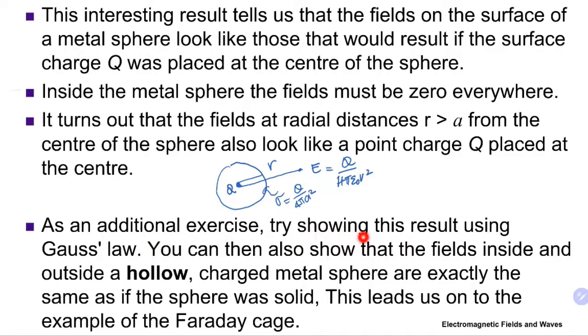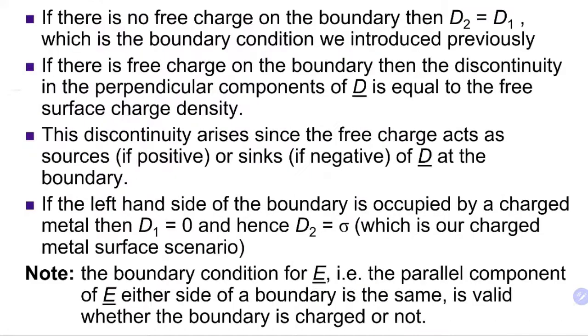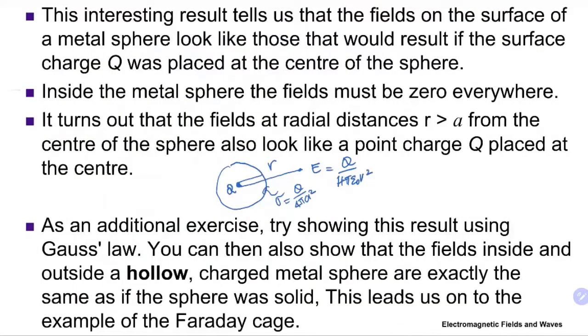Okay, so try showing this result using Gauss law. You can then also show that the field inside and outside of a hollow charged metal sphere are exactly the same as if the sphere was solid. Okay, so if this is a sphere, we know that the charge is going to distribute outside the sphere. So if I draw a Gaussian surface inside, what's the charge enclosed in this Gaussian surface?